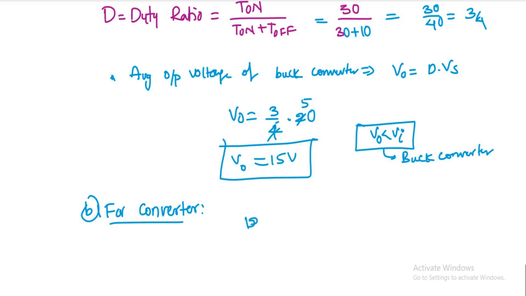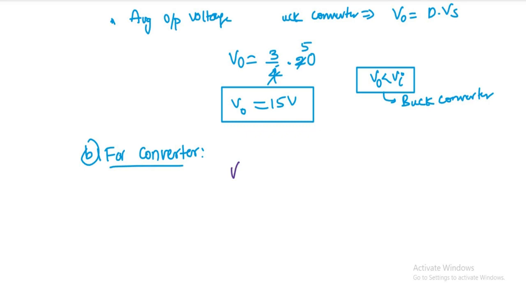V0 equals source voltage by (1 minus D), where D is 3 by 4. Let us substitute the values here. Vs is 20 volts, as given.